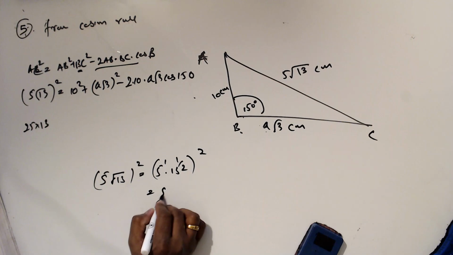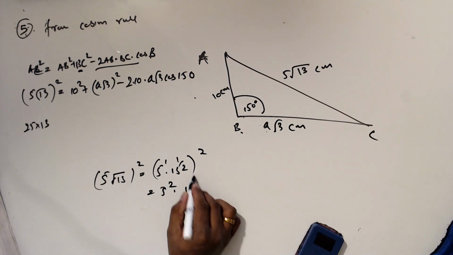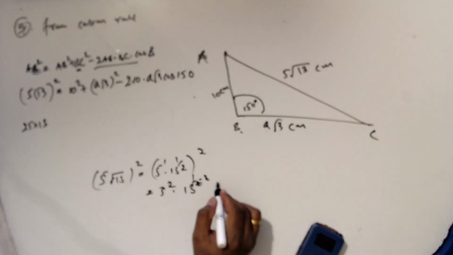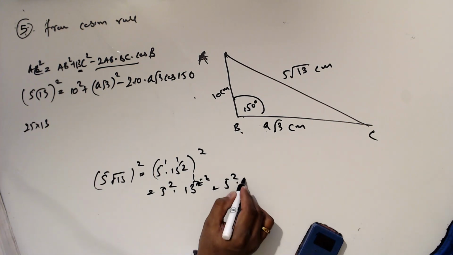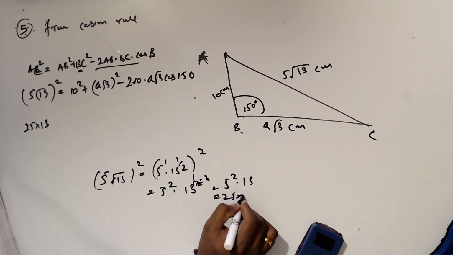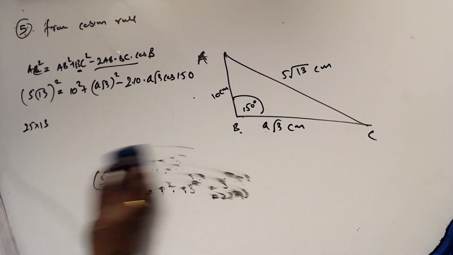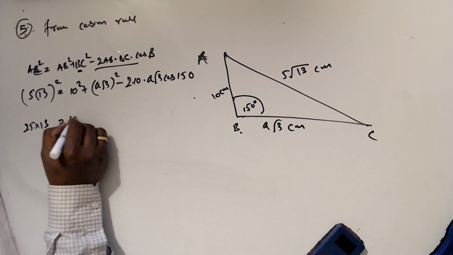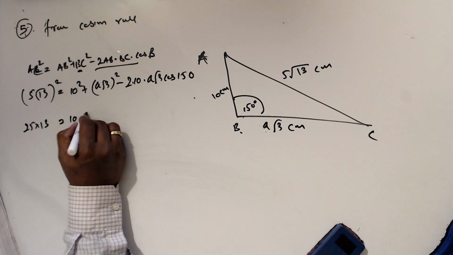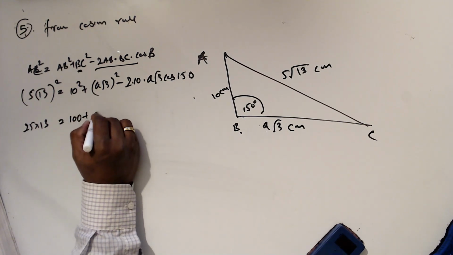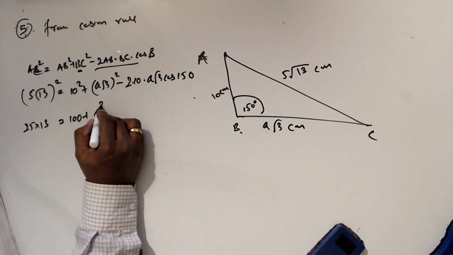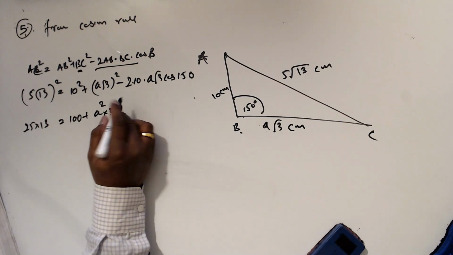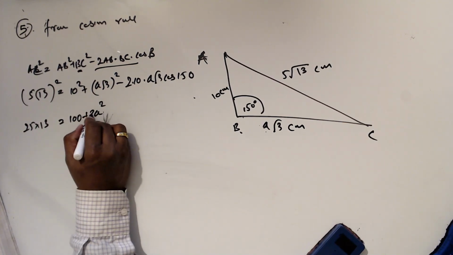So this becomes 5 square 13, half times 2 cancel out. 5 square times 13, 25 times 13, and this is 100, and this is A square times 3, or 3A square.